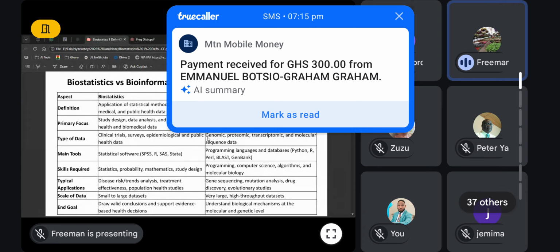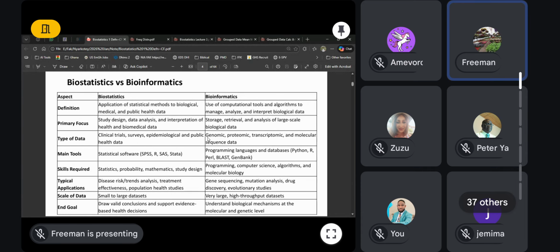We can use it to do trend analysis or risk analysis, to analyze treatment effectiveness, and for population health studies. But bioinformatics is about gene sequencing, mutation analysis, drug discovery, evolutionary studies.